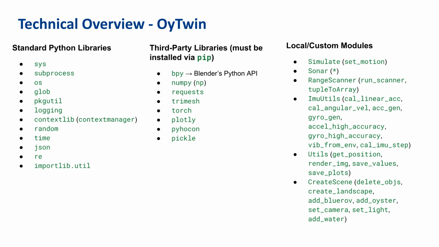On the right, we have local and custom modules developed specifically for OyTwin. These include Simulate for motion dynamics, Sonar and Range Scanner for simulating acoustic and LiDAR-based sensing, MU-Utils to generate sensor readings like acceleration and gyroscope data, Utils for positioning, rendering images, saving values and plots, and Create Scene, which procedurally generates the environment, from deleting objects and creating landscapes to adding oysters, lights, and water.